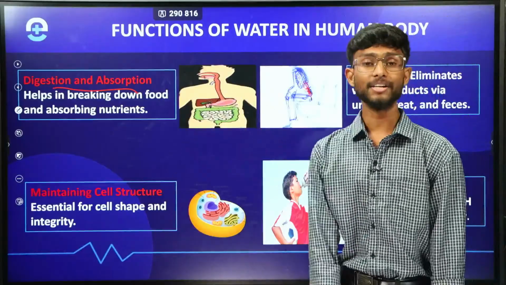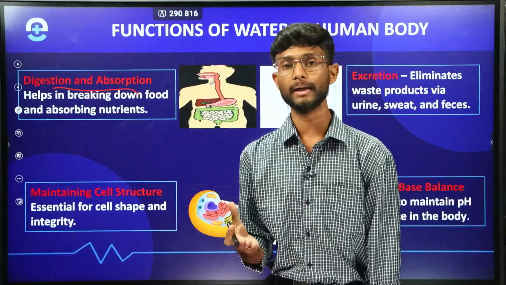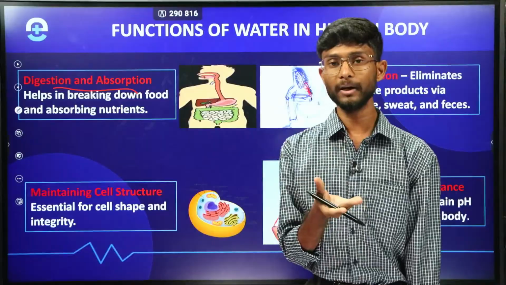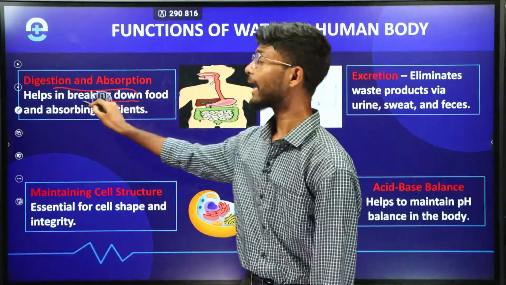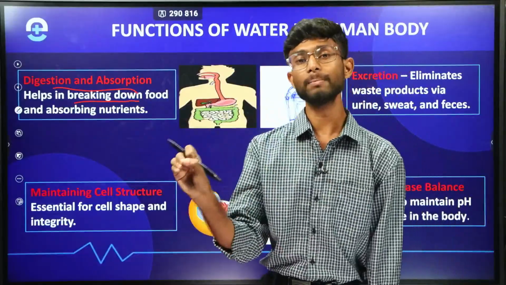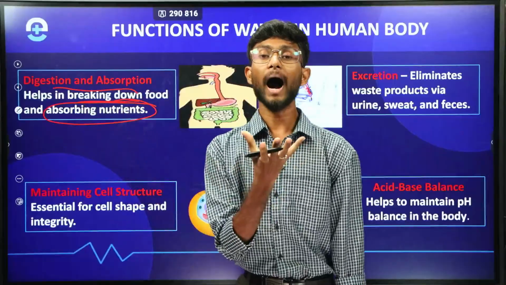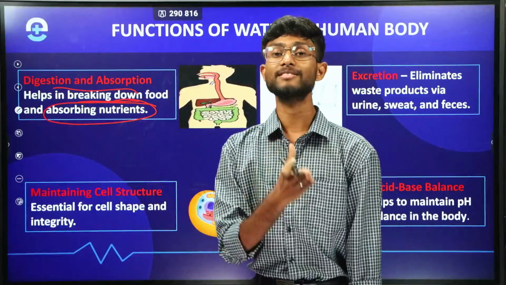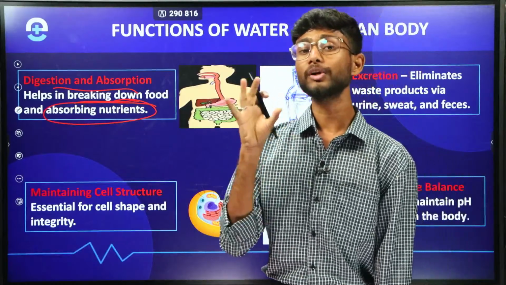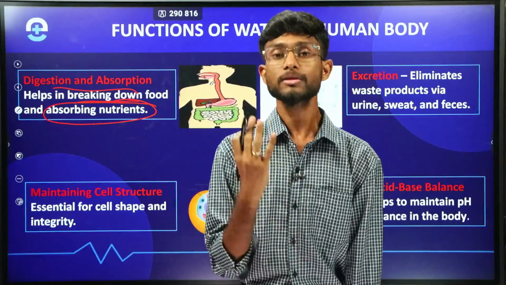Next, digestion and absorption: water helps to digest the food particles, which are mixed in the saliva. That is also in the liquid medium, right? It helps to break down complex food particles into simpler ones, and also helps absorb the nutrients which are digested. After digestion, the nutrients are absorbed in the small intestine.